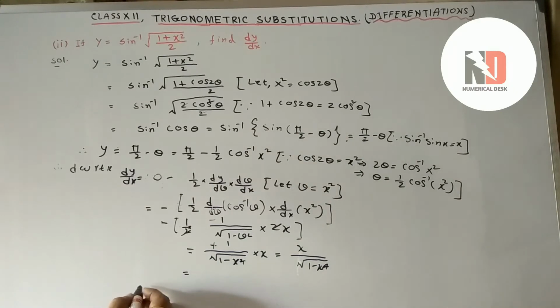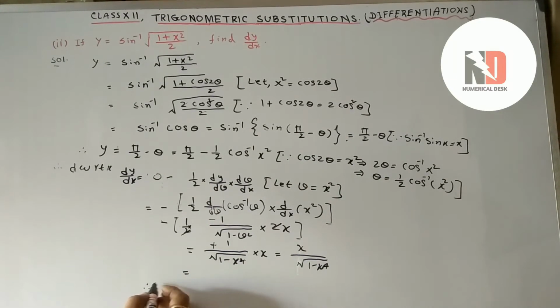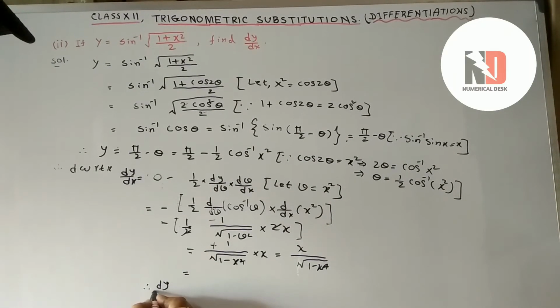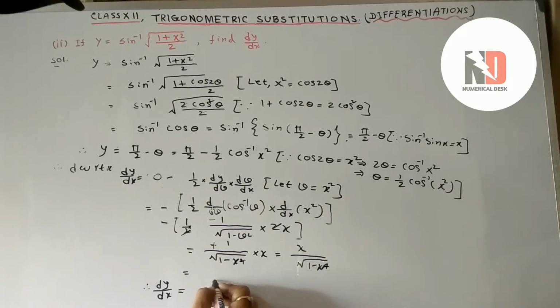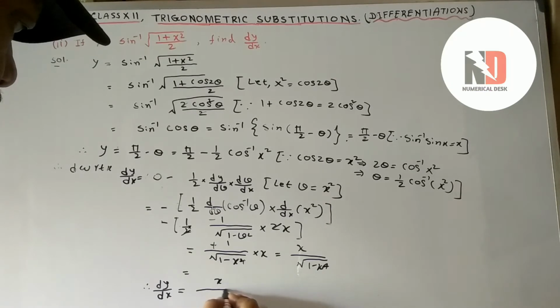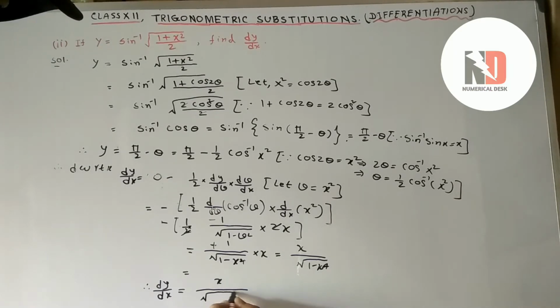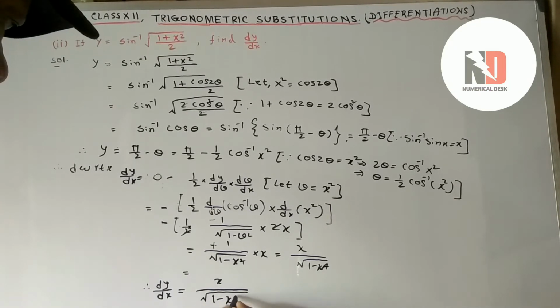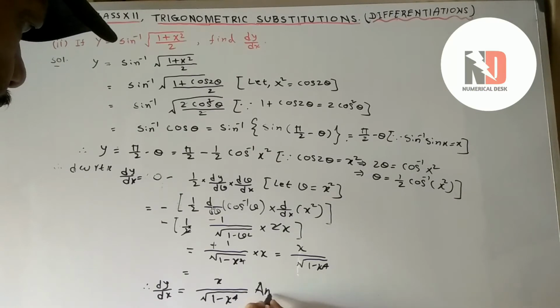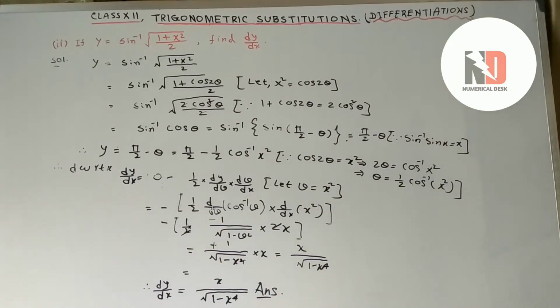Therefore dy by dx equal to x by root over 1 minus x to the power 4. This is the answer. Now let's come to the third sum.